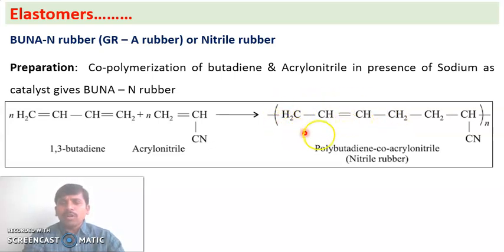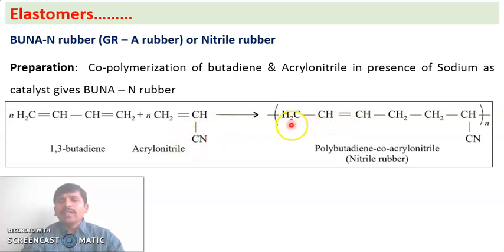So the first 4 carbons in the Buna rubber come from 1,3-butadiene, and between the second and the third carbon, a double bond is formed. The double bonds between the first and second carbon, and third and fourth carbon are broken and connectivity is developed. And the double bond in the acrylonitrile is also broken, and connectivity is developed between the first and second carbon of the acrylonitrile.